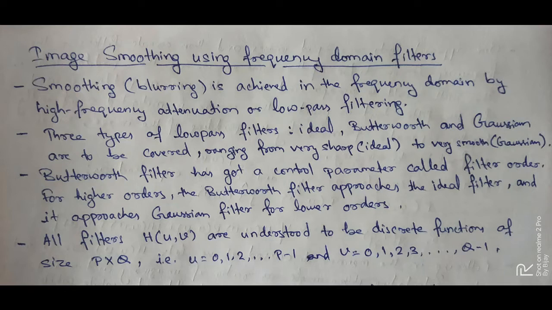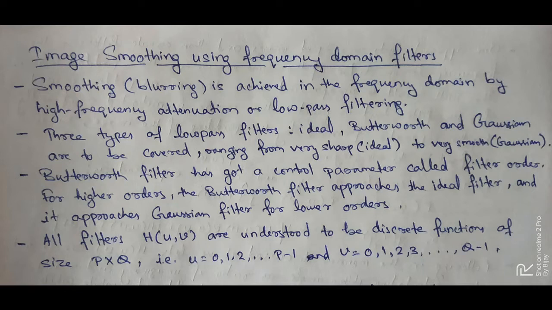As covered in the frequency domain filtering algorithm part, our filter will be represented by capital H of U comma V, with U varying from 0 to capital P minus 1 and V varying from 0 to capital Q minus 1.